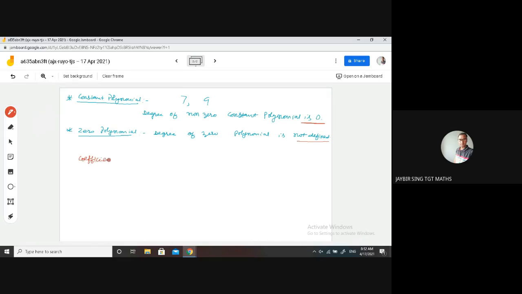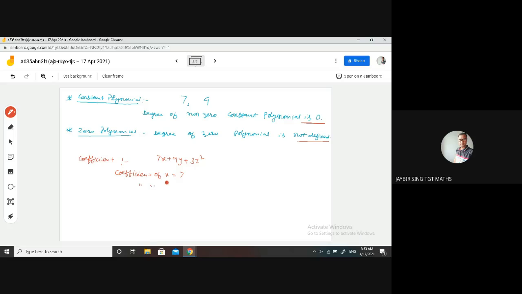Now discussing one more thing, that is coefficient. Suppose I'm writing here one polynomial 7x plus 9y plus 3z square. What is the coefficient of x? Whatever is multiplied with x, that is the coefficient of x. Coefficient of x is 7.